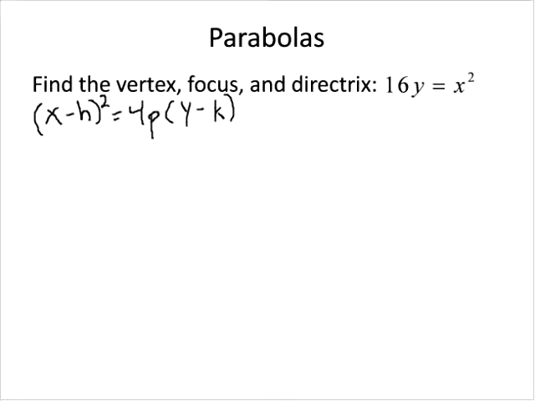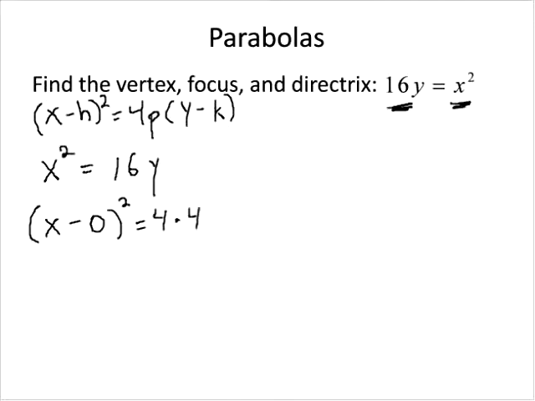Let's put the x squared on the left. We'll have x squared equals 16y. Now, I can make it look that way: x minus 0 squared equals, and I'll rewrite the 16 as 4 times 4, times y minus 0. That way, we know the vertex. The vertex is at the point (0, 0).